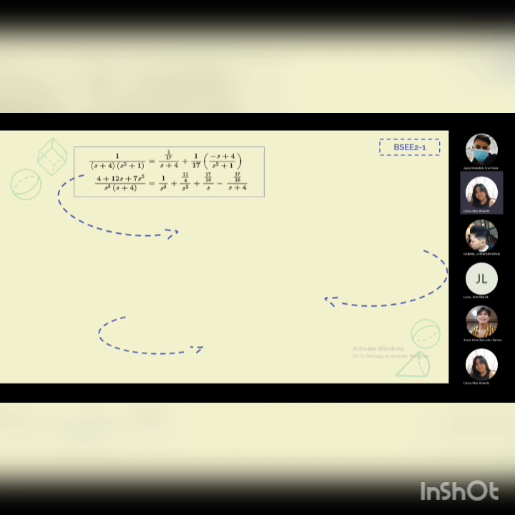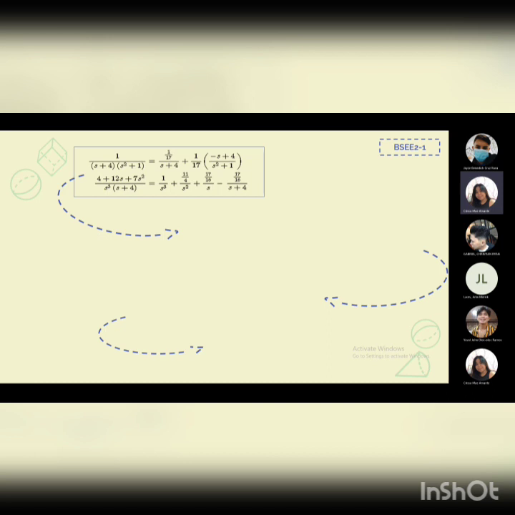Partial fractioning each of the terms in our transform gives us the following. 1 over the quantity of s plus 4 times the quantity of s squared plus 1 is equal to 1/17 over s plus 4 plus 1/17 times the quantity of negative s plus 4 over the quantity of s squared plus 1.